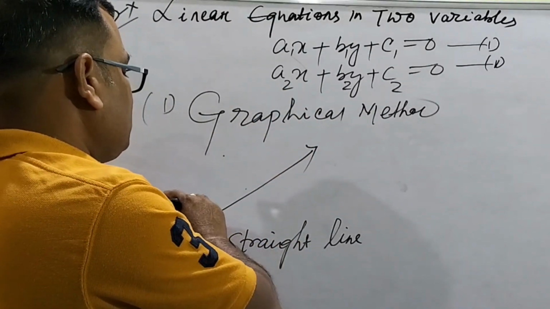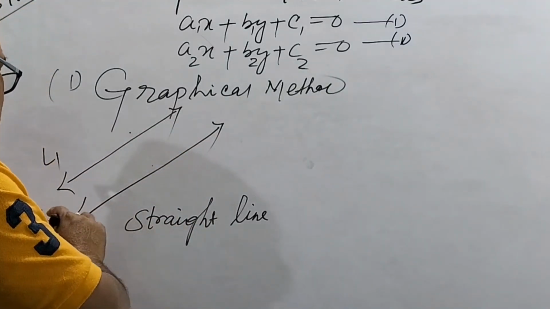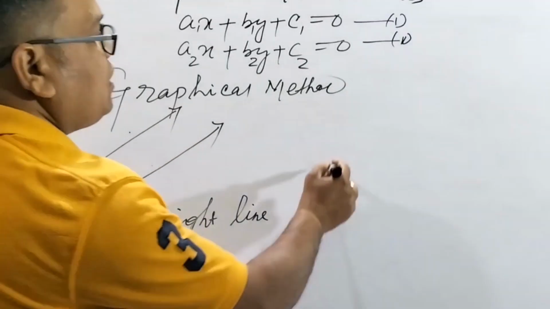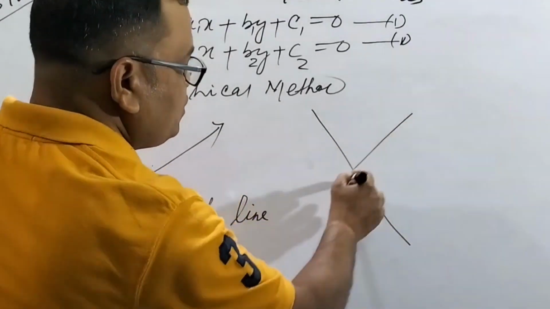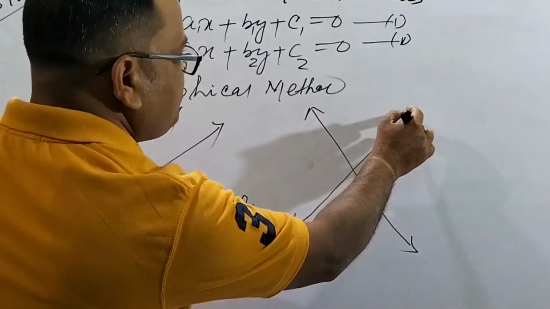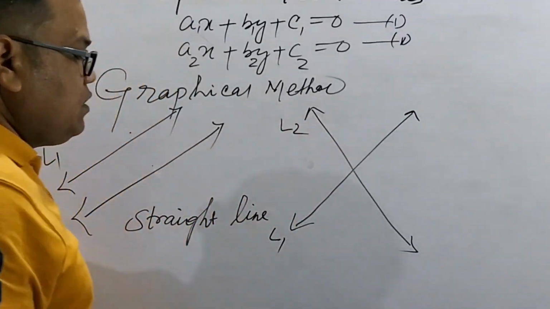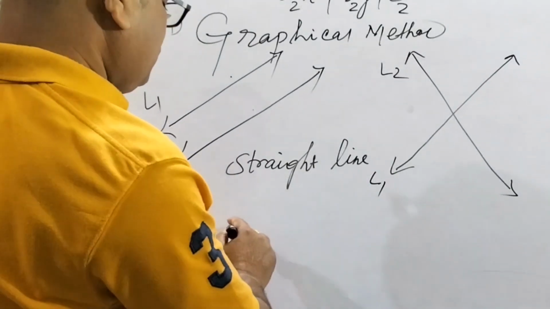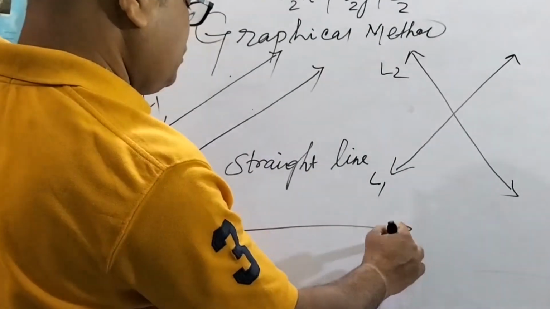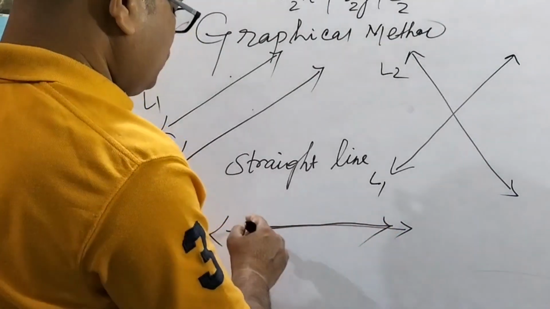The lines should be like this. Suppose this is L1 and L2. First case. And secondly, you can find the two lines like this. This is L1, this is L2. And the third one you will get like this: one line will coincide with the other.